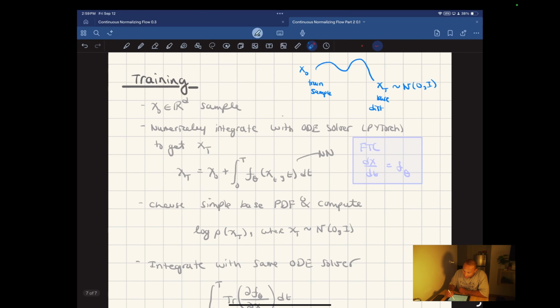So first we need to push x naught along this trajectory to get the corresponding image vector from the base distribution.